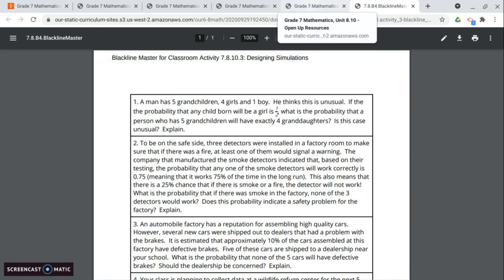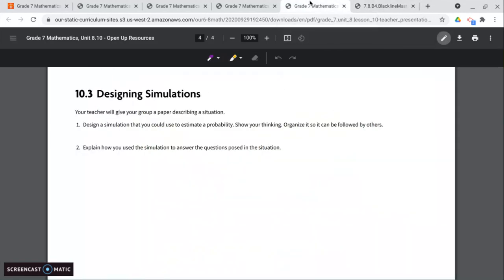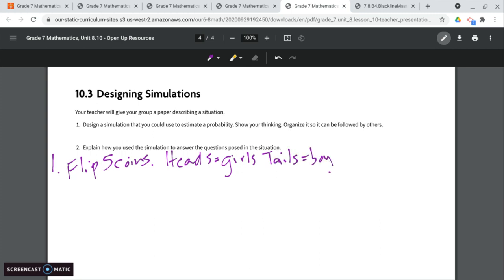Because it's a 50% chance, our simulation can be to flip 5 coins. Heads means girls. Tails means boy.